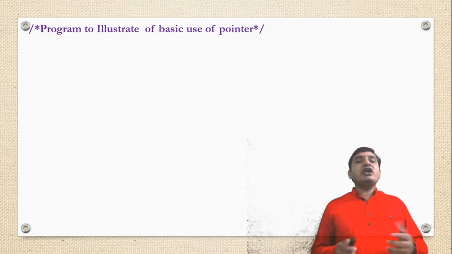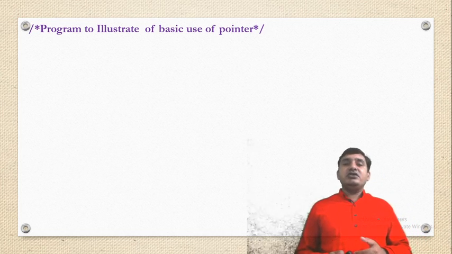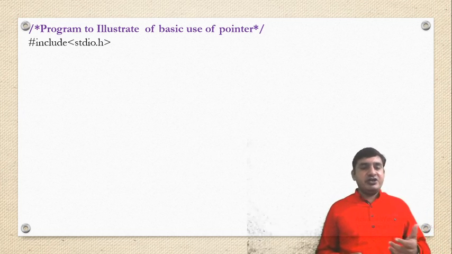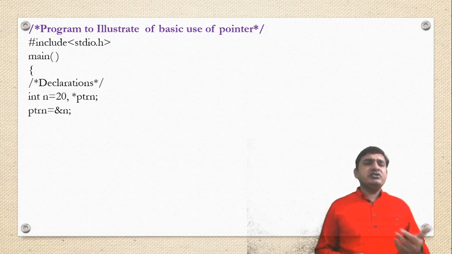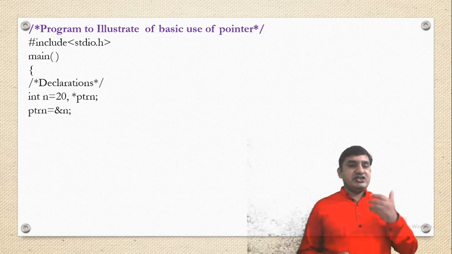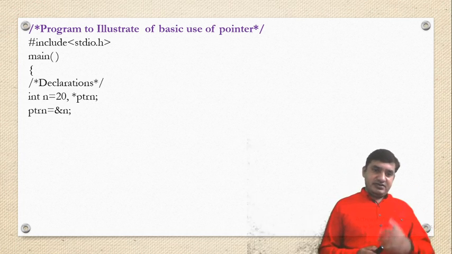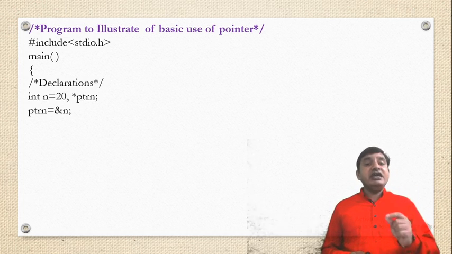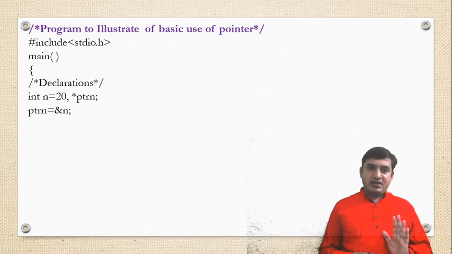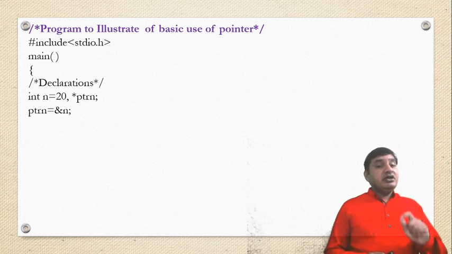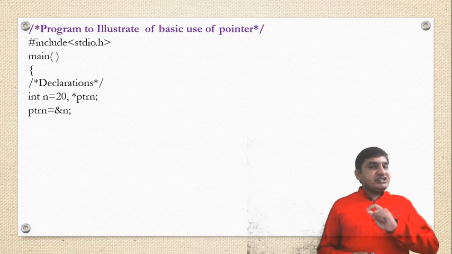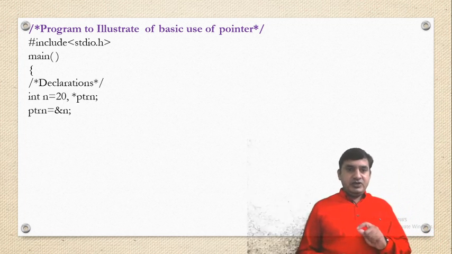Okay, now a program to illustrate the basic use of a pointer. #include <stdio.h>, main function, then declaration. Now we have to declare: integer n is equal to 20. Okay, n is equal to 20, and asterisk pointer n.